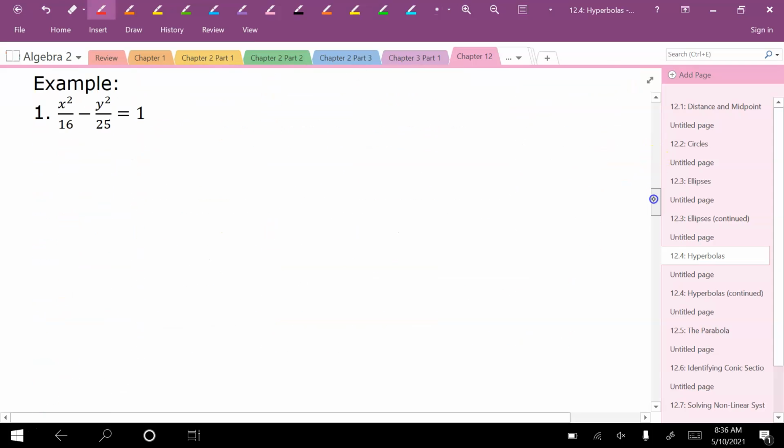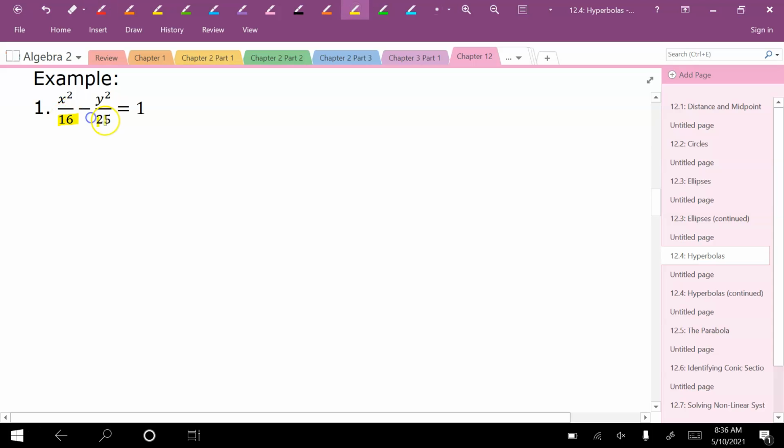All right, so let's turn the page over, and we're going to do one of these together here. So this first one says we have x squared over 16 minus y squared over 25 equals 1. So again, the first thing I'm going to do is identify my a and my b. So remember, a squared is always the larger of the two numbers on the bottom.